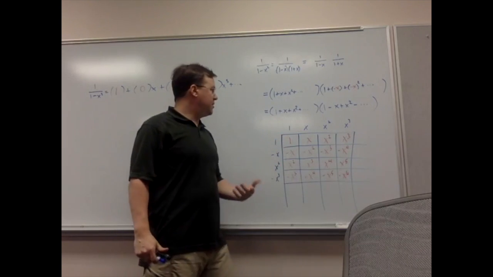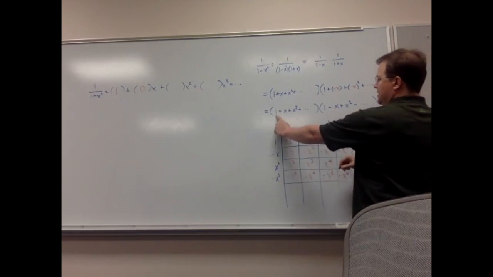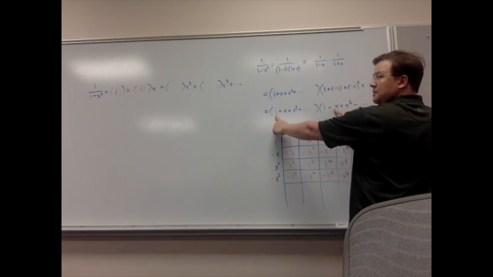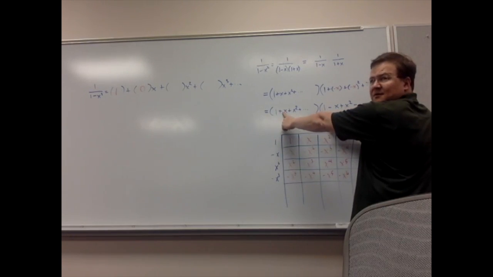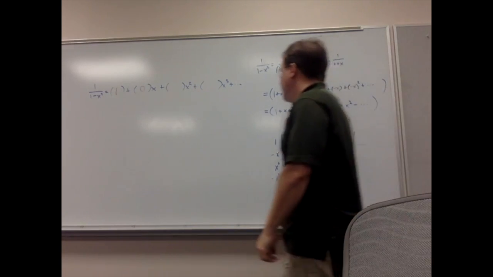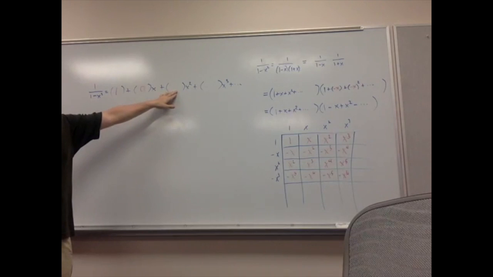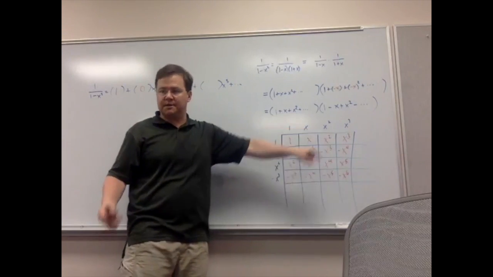Without the table, you would be taking this coefficient times this coefficient, plus this coefficient times that coefficient. And the coefficient for the quadratic term, x squared, is going to be, these cancel, leaving you with just 1 x squared.